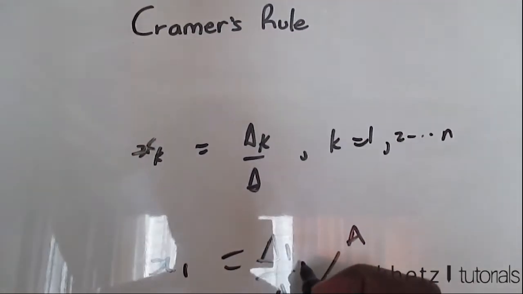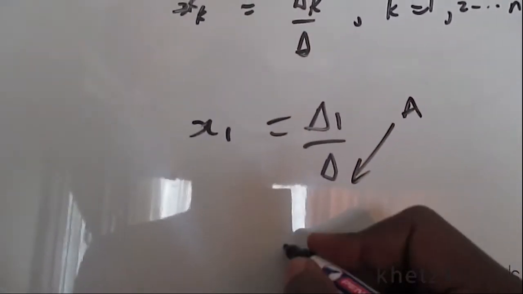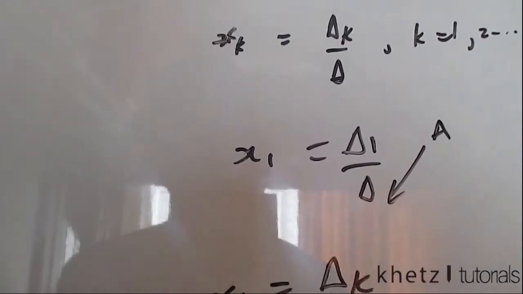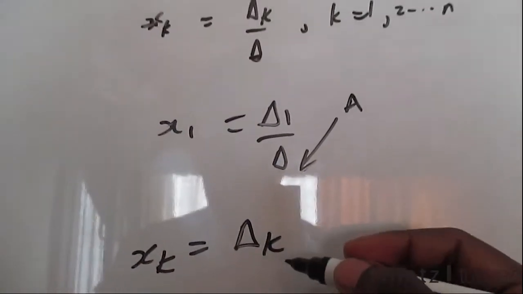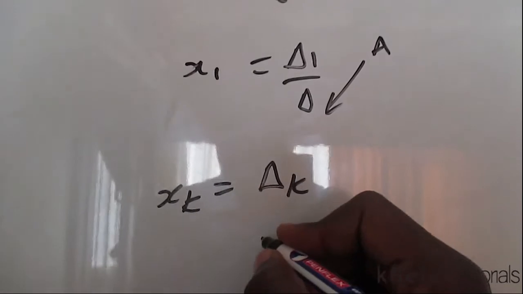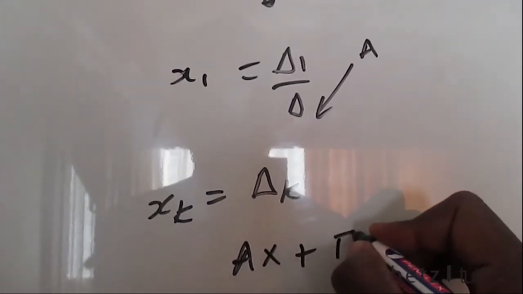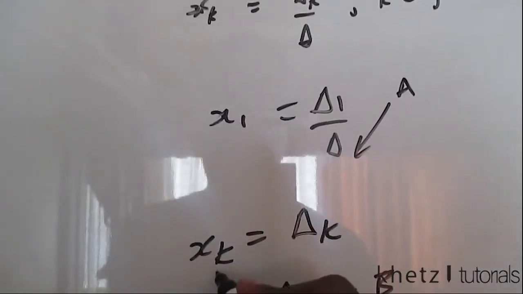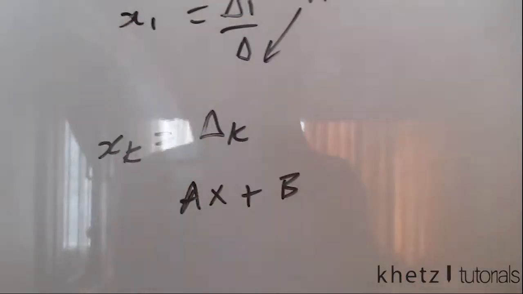And delta 1, or delta k in general, when finding x subscript k, you'd have to move the b column to the k column. So this is what that means.